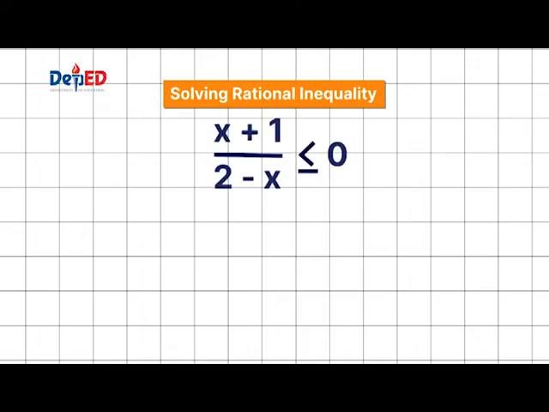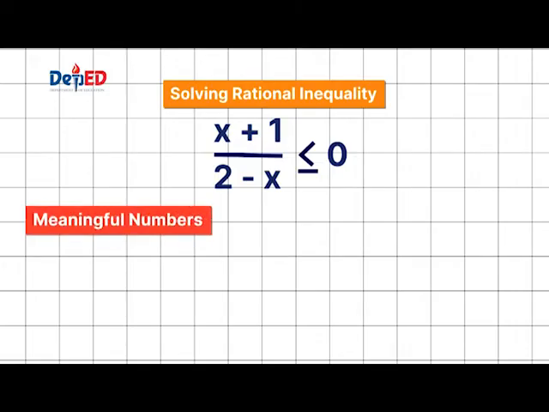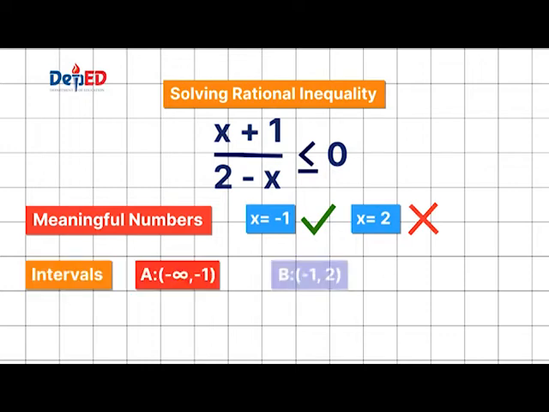We then combine all the solutions for the inequality (x + 1) over (2 - x) is less than or equal to 0. In the meaningful numbers, x = -1 and x = 2, only -1 is a solution. In the intervals A, B, and C, only A and C are sets of solutions.